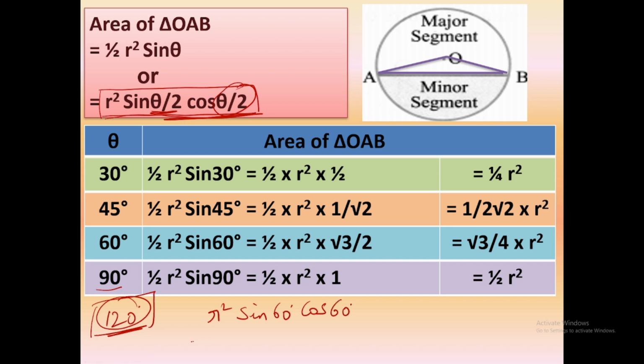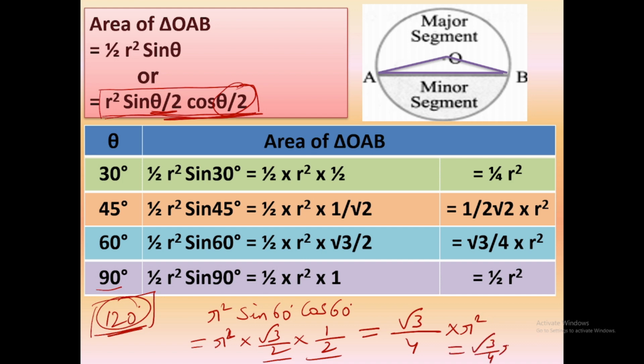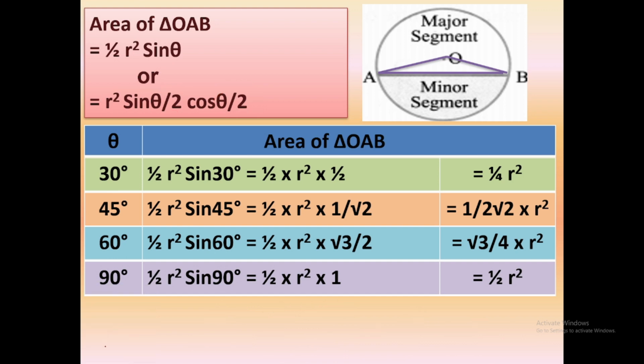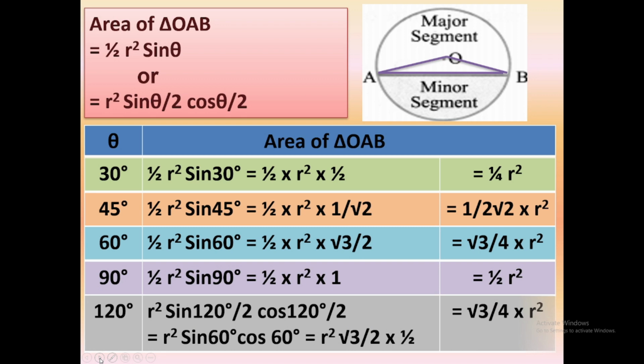Now put the values. So it is r square, sine 60 is root 3 by 2, and cos 60 you all know is half. Solve it. It is root 3 by 4 into r square, which is root 3 upon 4 r square. See it. Hope this concept is clear to all of you.